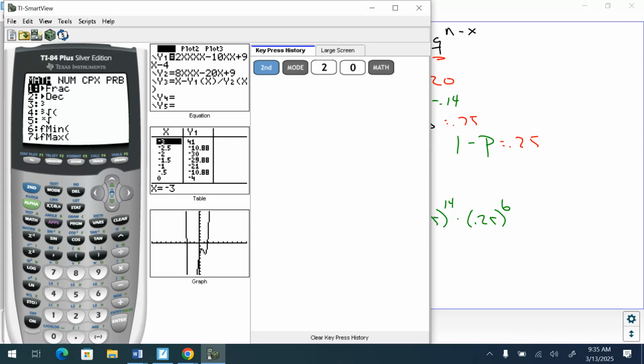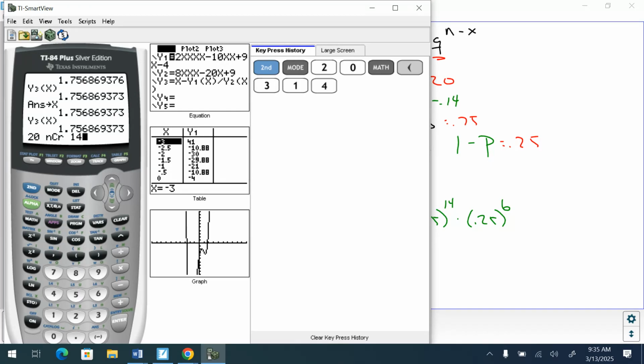Then we go to our math, our option 3, 20C14, we're going to multiply that by 0.75 to the 14th power.